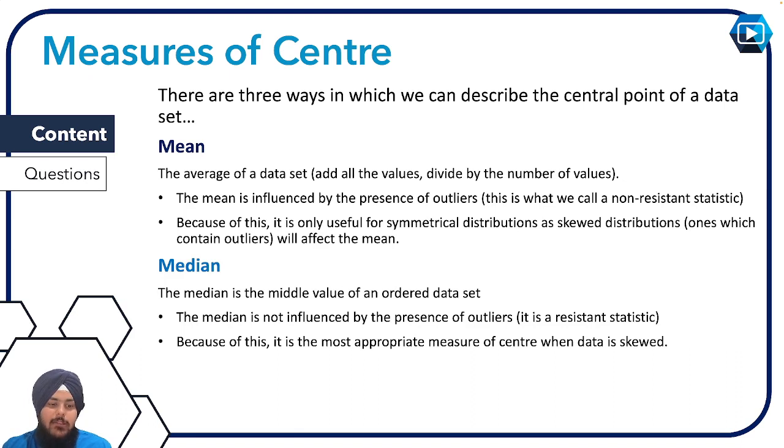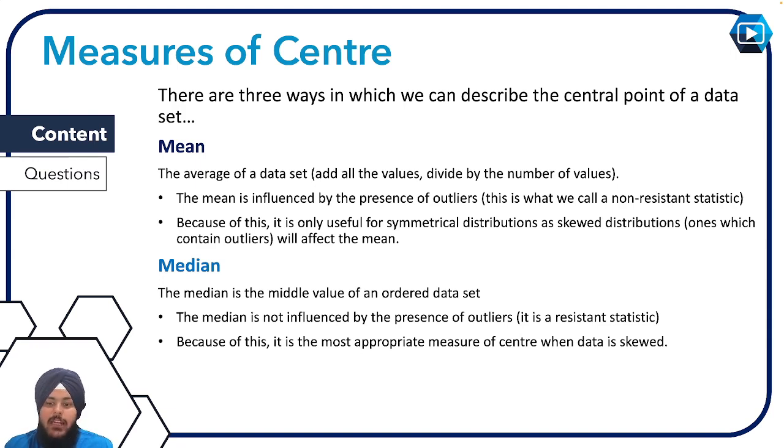Next, we have the median. The median is the middle value of an ordered data set. So if you get a random data set, order all the values, and find the value right in the middle, that would be the median. The median is not influenced by the presence of outliers, because if we have outliers, the median is still going to be the middle value.